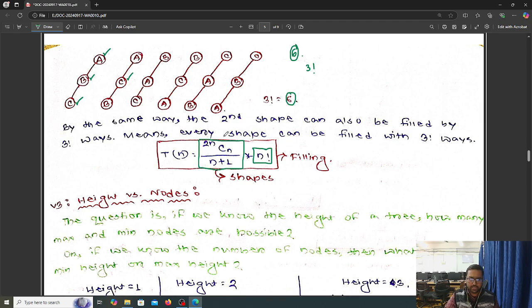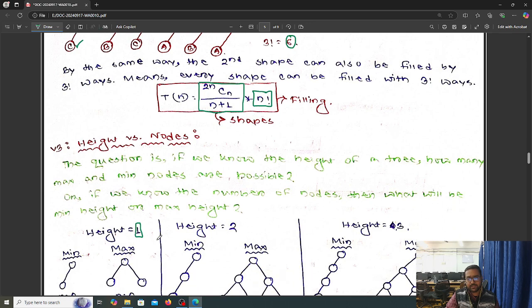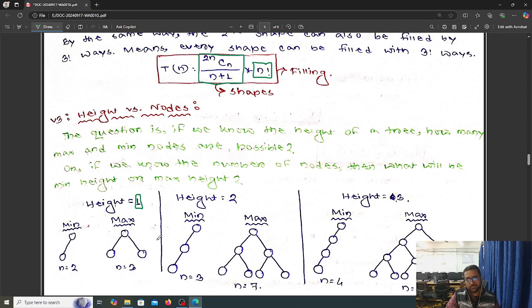Okay, let us check. Suppose we know the height of a binary tree is 1. As you know, the height of a binary tree starts from 0. So minimum how many nodes can be possible for a binary tree of height 1? We can have a node as root at height 0.